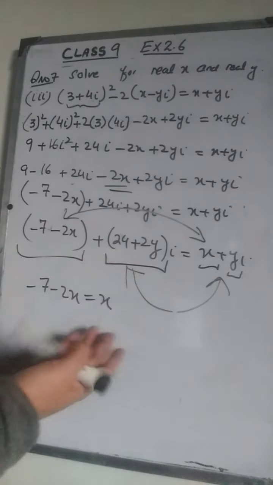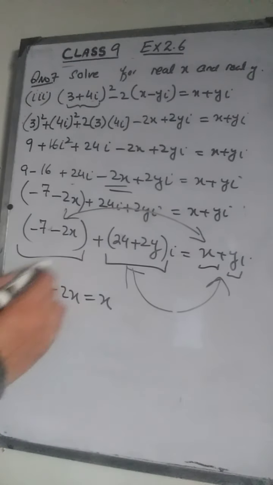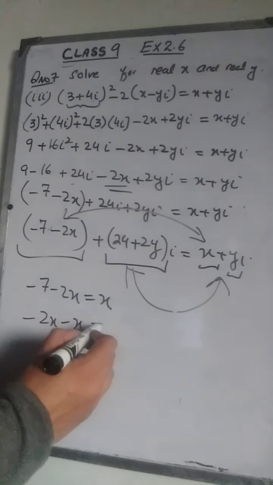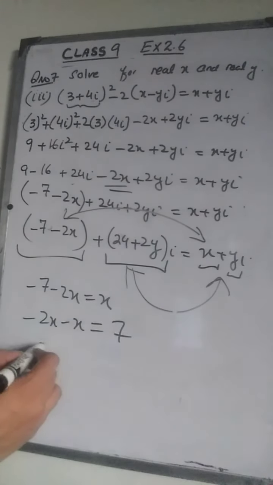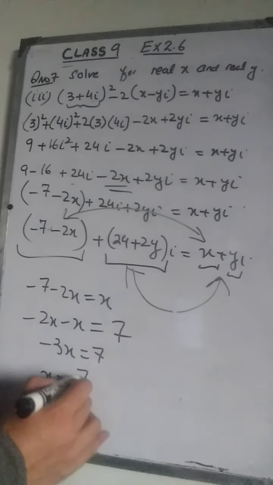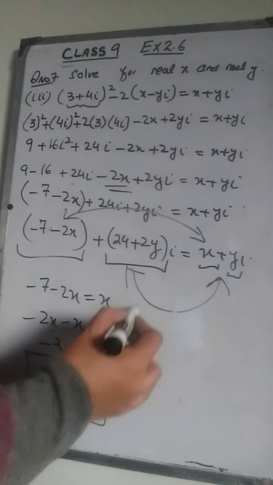From here you can easily see that we can get the value of x directly. Shifting 7 to the right hand side and x to the left hand side, we get negative 3x is equal to 7, which will give us x is equal to negative 7 by 3, and you can change this into mixed fraction if you want.